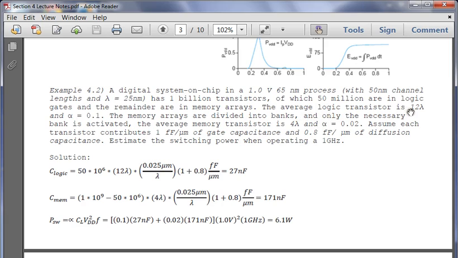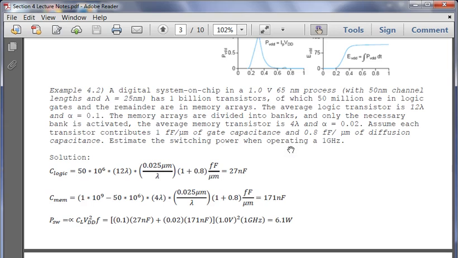The average logic transistor is 12 lambda, and our switching factor is 0.1. The memory arrays are divided into banks, and the only necessary bank is activated. So kind of what I was just talking about earlier. The average memory transistor is 4 lambda, and the switching factor is 0.02. Assume each transistor contributes 1 femtofarad per micrometer of gate capacitance and 0.8 femtofarads per micrometer of diffusion capacitance. Estimate the switching power when operating at 1 gigahertz.